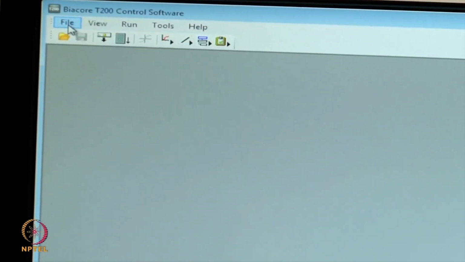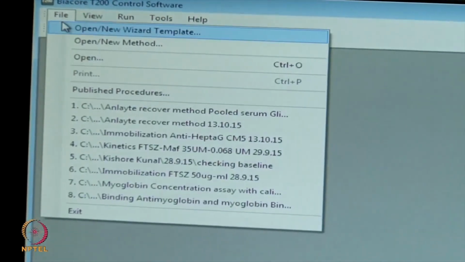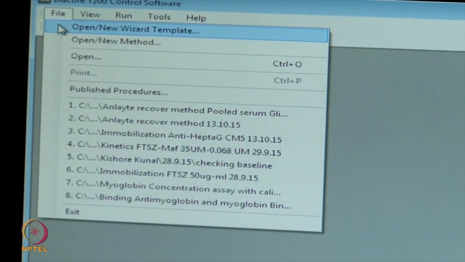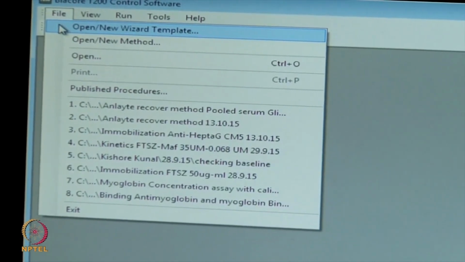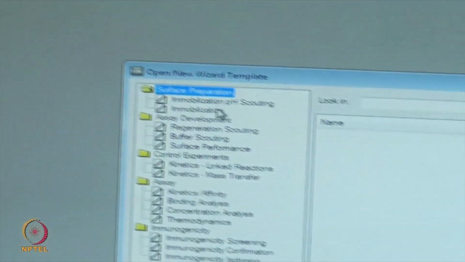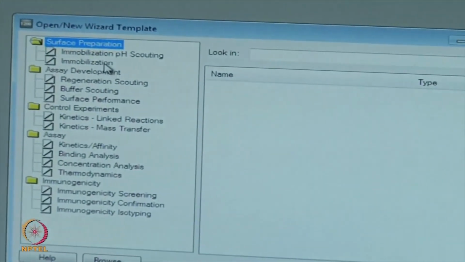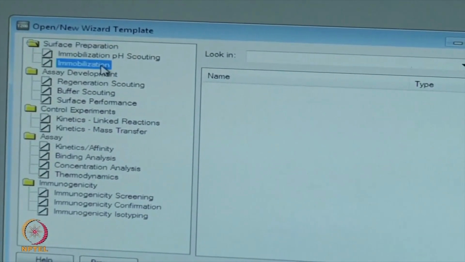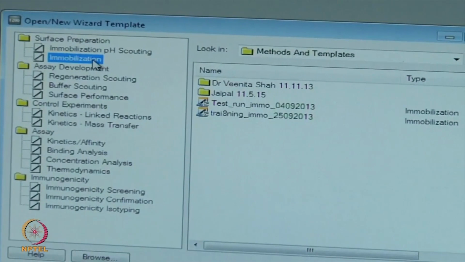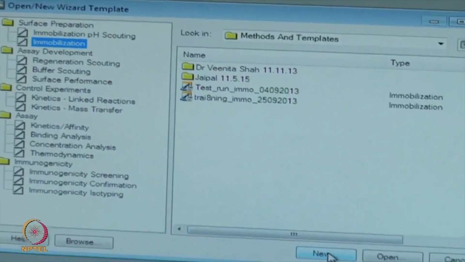File, open new wizard template, identify immobilization from surface preparation, say new.